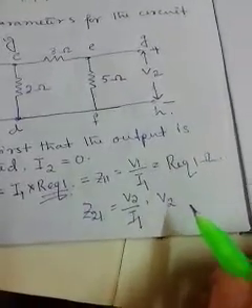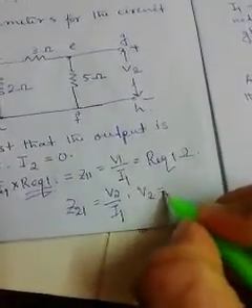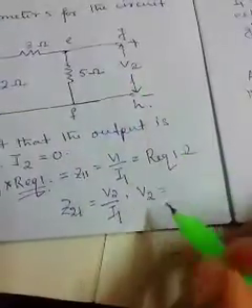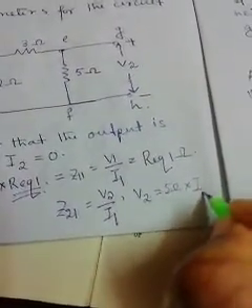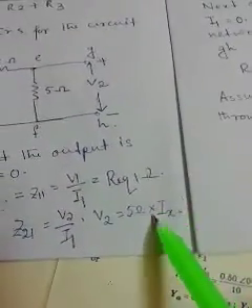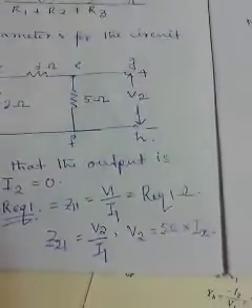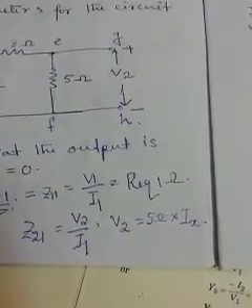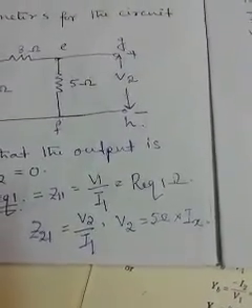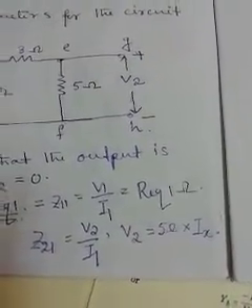So V2 should be equal to this 5 ohm resistance into the current flowing through this 5 ohm resistance. Say for example, we are considering Ix as the current which is flowing through this 5 ohm resistance. So the calculation of this Ix is required, and then V2 can be calculated as 5 into that Ix.